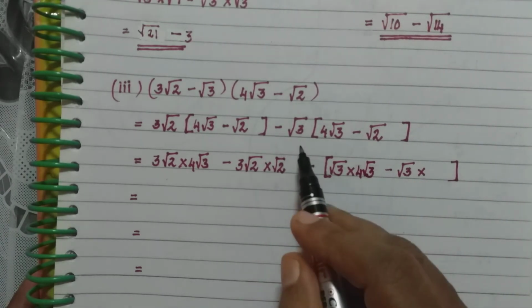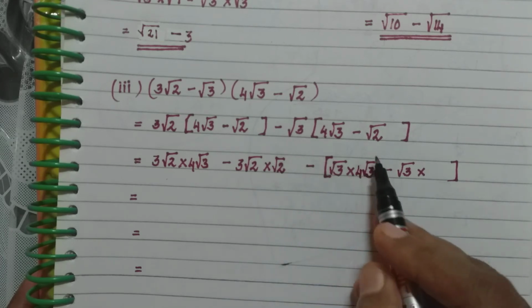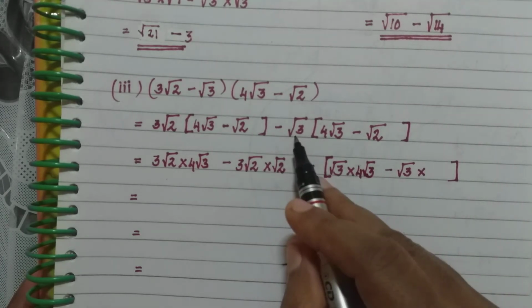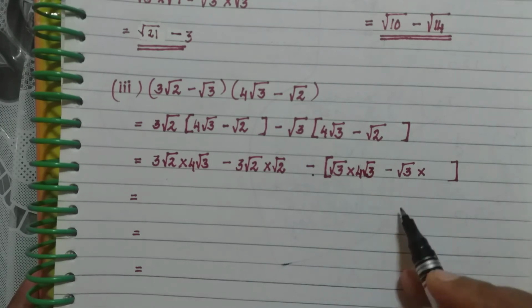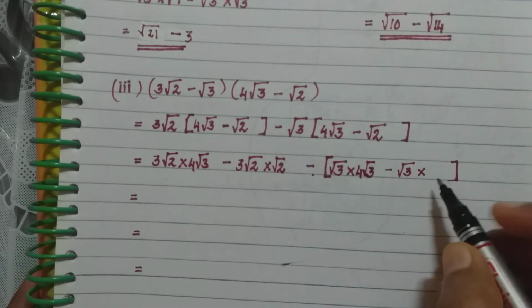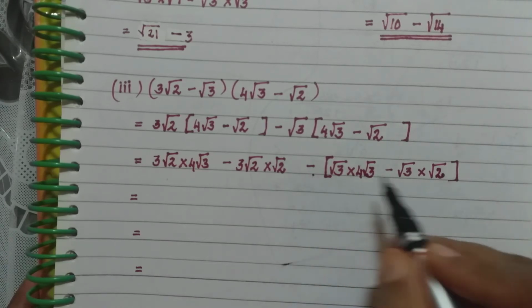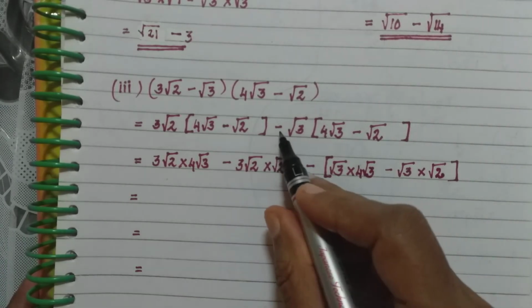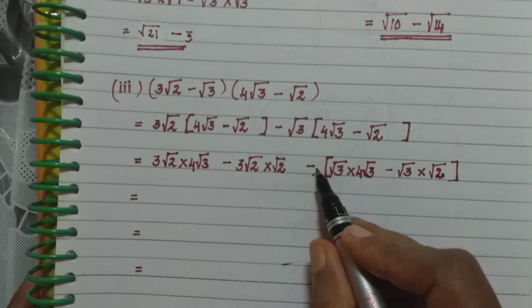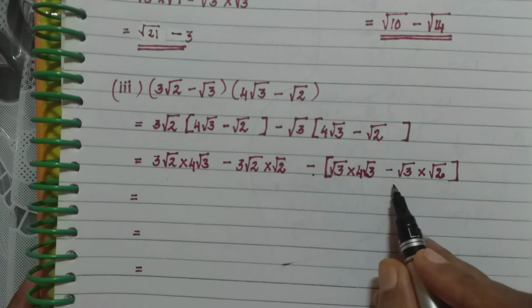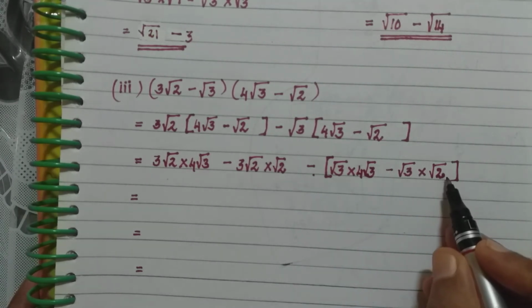Next one, here minus root 3 is already here minus, so root 3 into root 2. Now don't get confused with the signs. This minus sign is already written here and this minus sign now comes here. So it is root 3 into root 2.